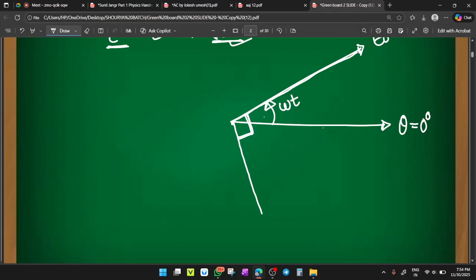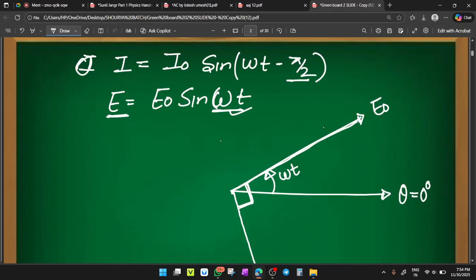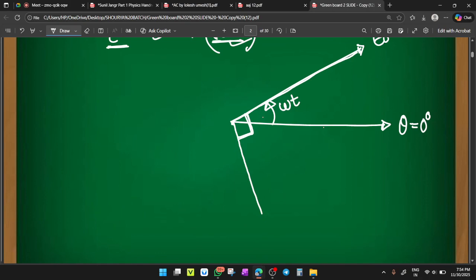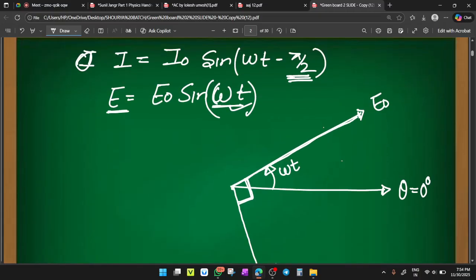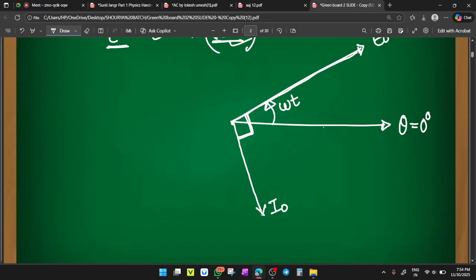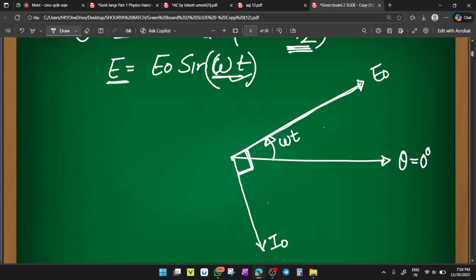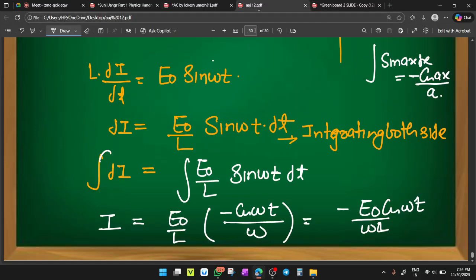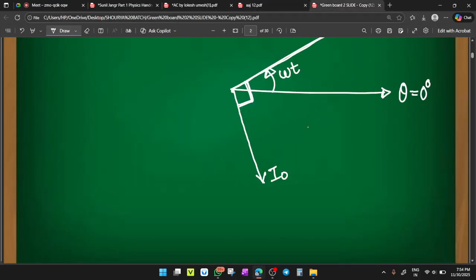It is omega t, and when you move clockwise, because a positive angle means anticlockwise, a negative angle is taken clockwise. So this whole angle becomes omega t minus pi by 2. The peak value of the current is I naught. So this is E naught and this is I naught. This is your phasor diagram.